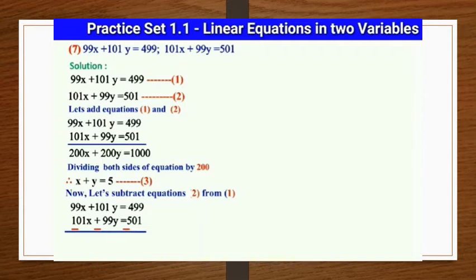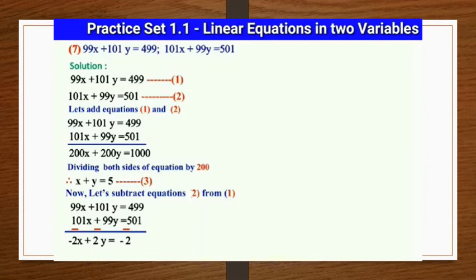So 99x minus 101x: we always subtract and place the greater number's sign. From 101, if we subtract 99, we will get 2. But here the greater number's sign is minus, that is of 101. So the answer will retain as minus 2x.